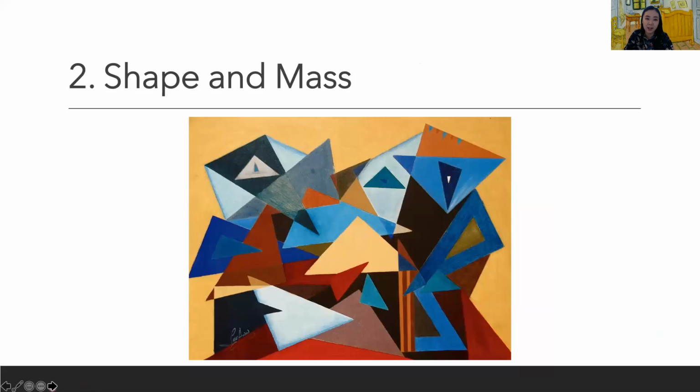Okay, now let's move on to the shape and mass. A shape means a two-dimensional form, and the mass means a three-dimensional form.